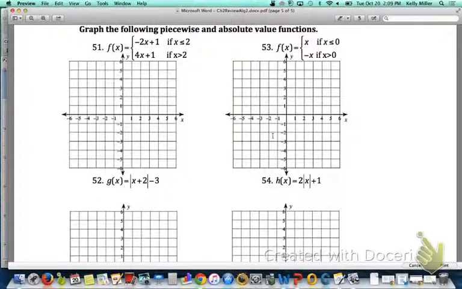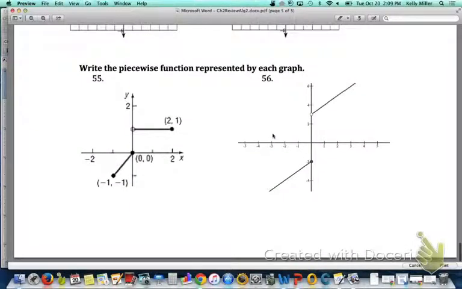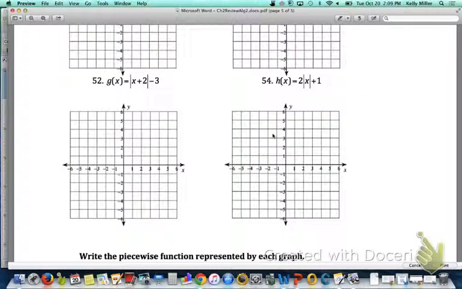The only other thing that was not on here, there is a problem for a step function, so make sure that you can graph a step function also. So if I had to evaluate 2.1, what would that be? 3. No. Round down or round up? Oh, round down to 2. If I had just the top hat, then it would round up to 3.